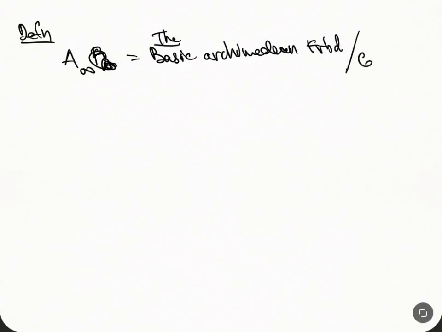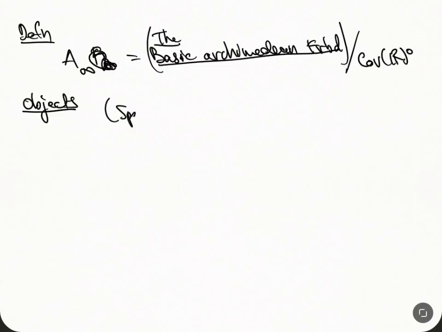This is going to be over, again, covers of R, that stupid category. And the objects of this category are going to be triples spec K, V, A. Maybe the A is not looking like such a good choice up there, but oh well.